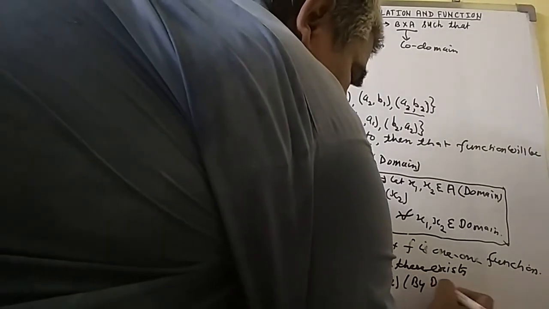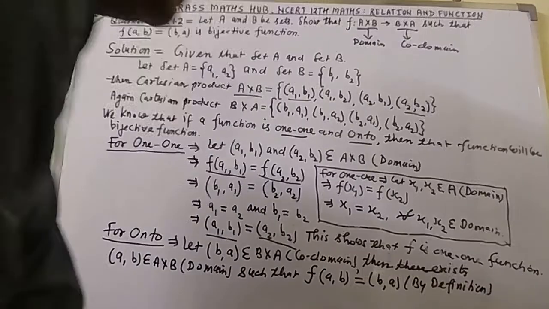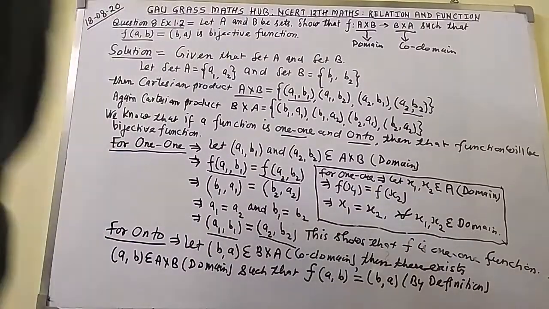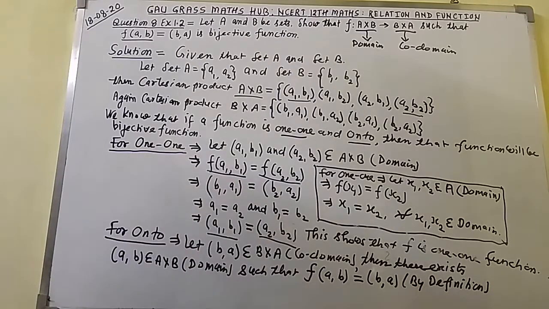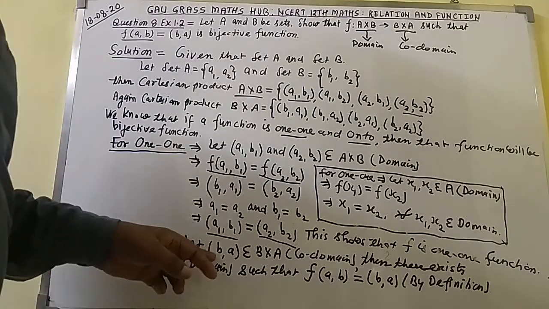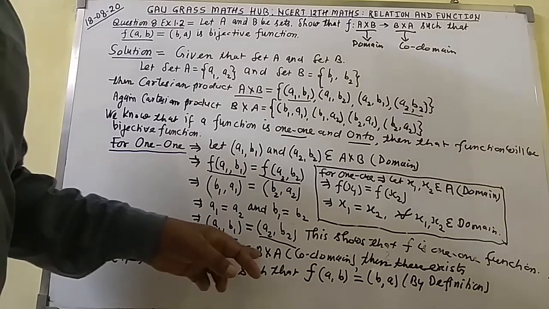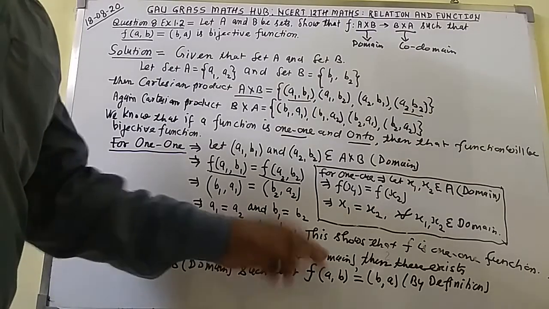By the definition for a function to be onto. So on the basis of the definition for a function to be onto, I have shown let ordered pair b, a belong to B cross A, codomain.